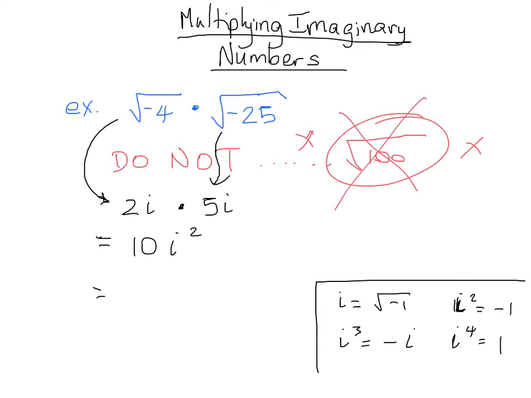All right, so we have i squared right here. And according to these facts, i squared is negative 1, which means that this is just 10 times negative 1. And so we have our answer as negative 10.